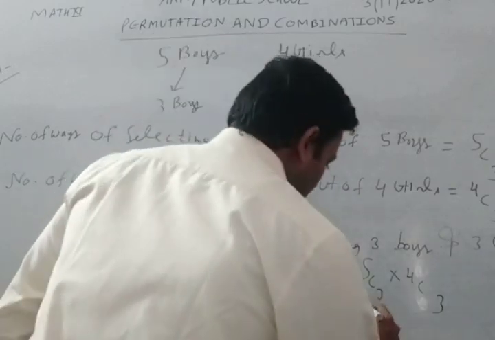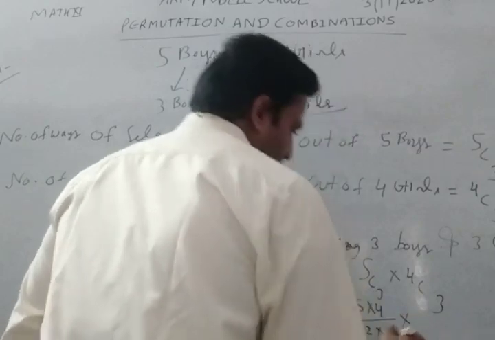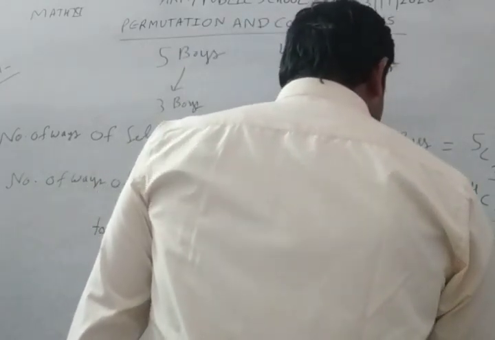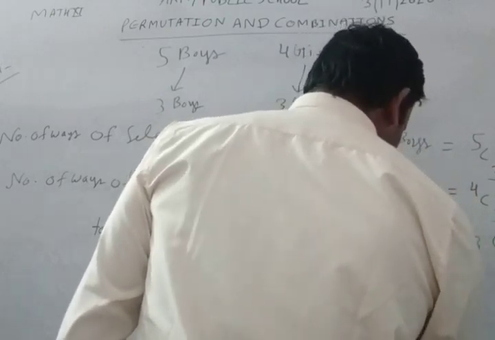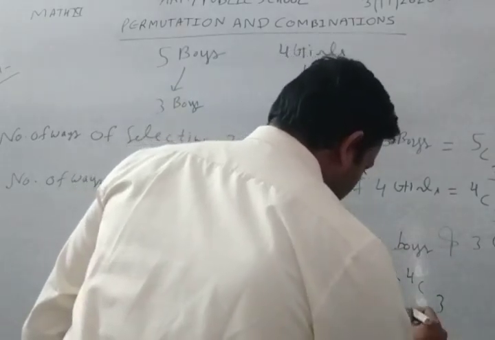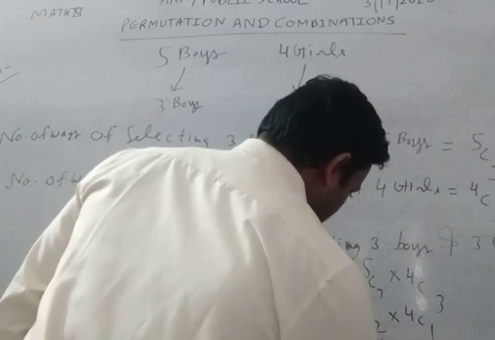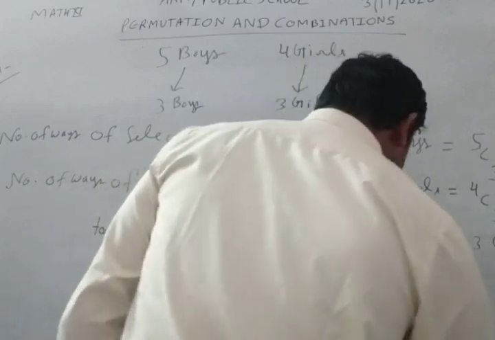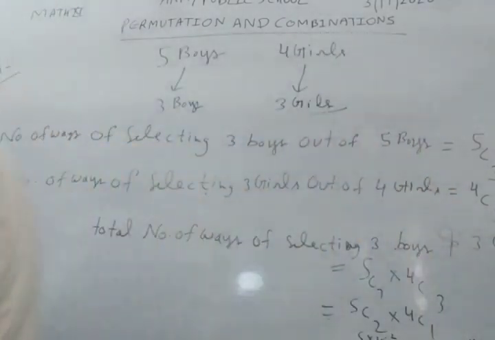That is 5 into 4 by 2 into 1, and we can write this as 5C2 into 4C1, so it will be 5 into 4 by 2 into 4, so it will be 10 into 4 is 40.